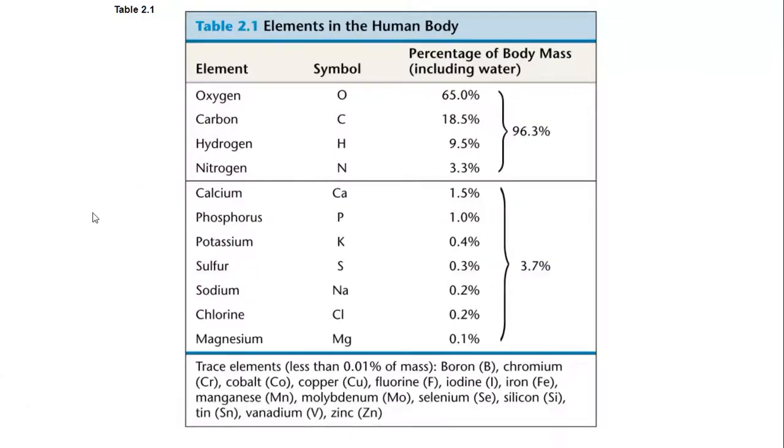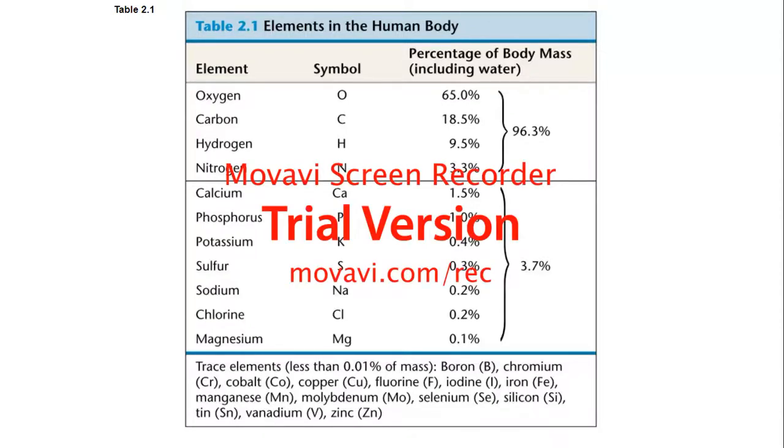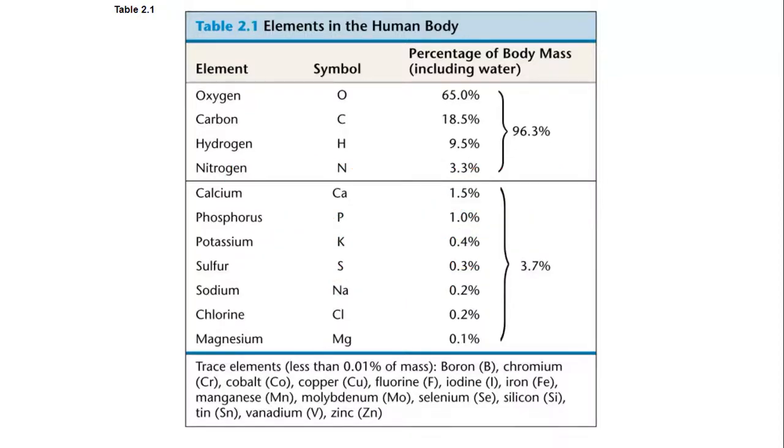All right, so elements in the body. So you've got oxygen, carbon, hydrogen, nitrogen, calcium, phosphorus, potassium, sulfur, sodium, chlorine, magnesium. Then you have all those trace elements in the bottom box.